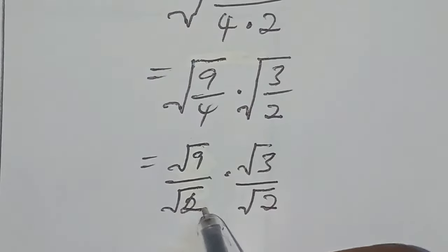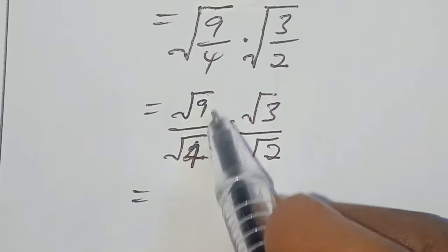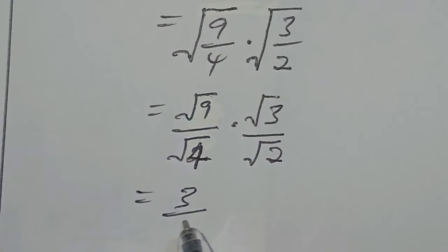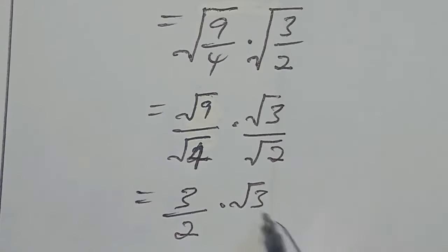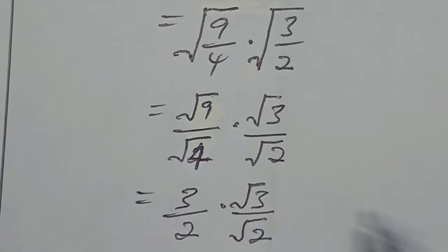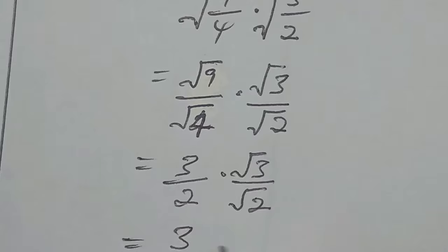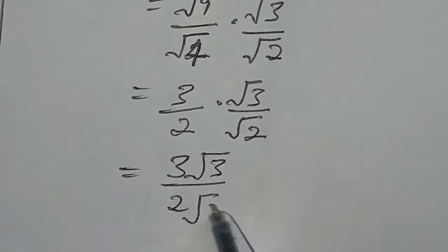If we simplify this, the square root of 9 is equal to 3, the square root of 4 is given by 2, then multiplied by the square root of 3 over the square root of 2. This can be combined and expressed as 3 square root 3 over 2 square root 2.